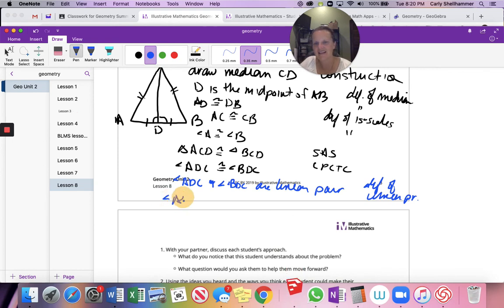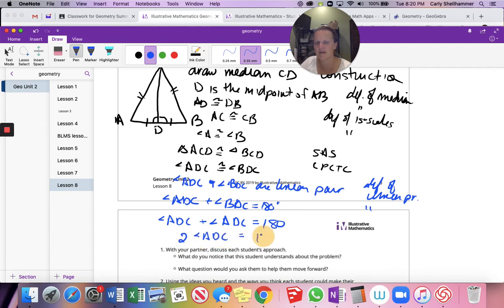So angle ADC plus angle BDC equals 180 degrees, definition of linear pair. And since they're equal, I can substitute. Then ADC plus, substituting BDC for ADC, equals 180. Now I'm collecting like terms, like in algebra: 2 times ADC equals 180, just like x plus x is 2x.